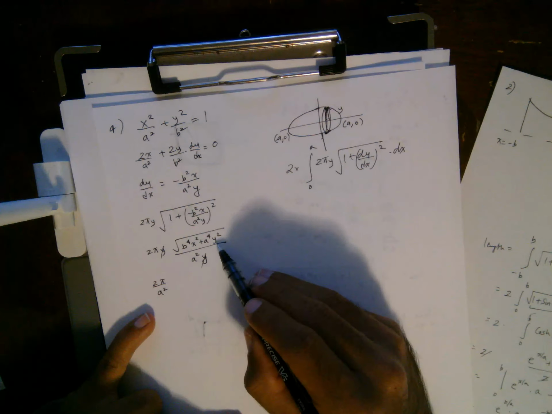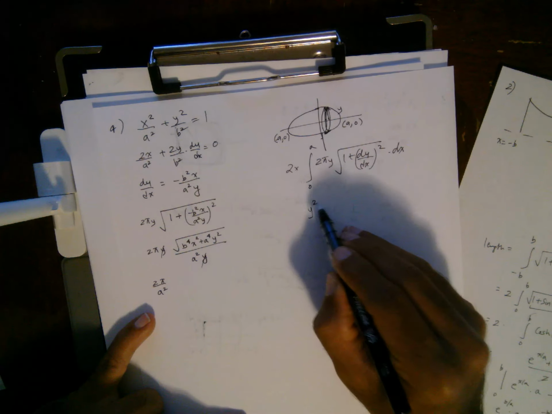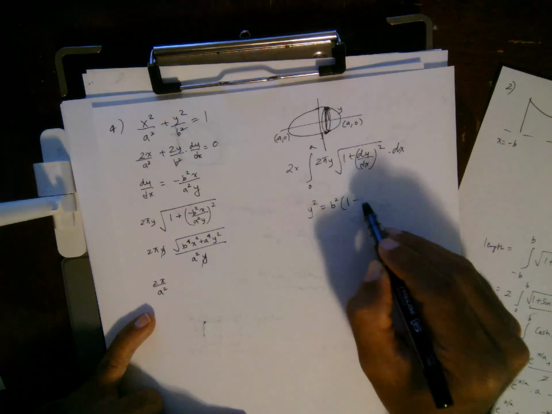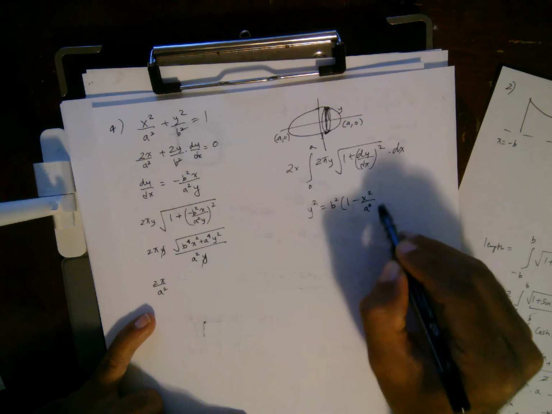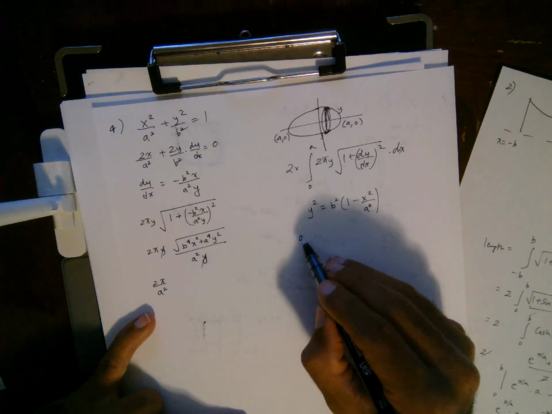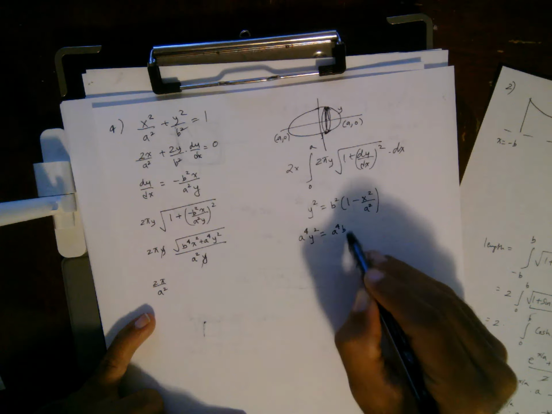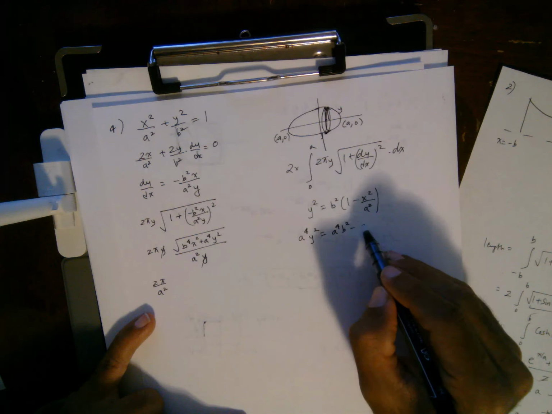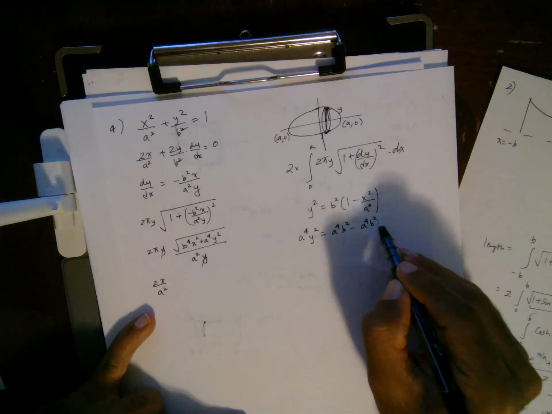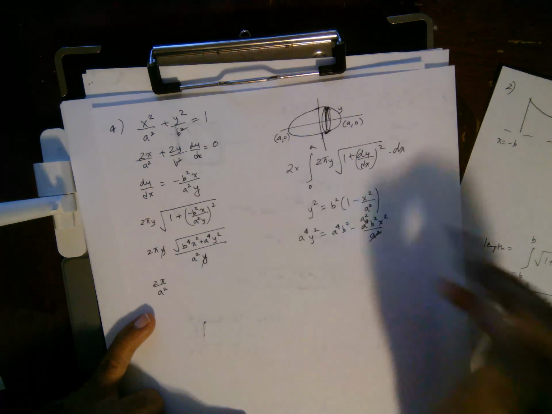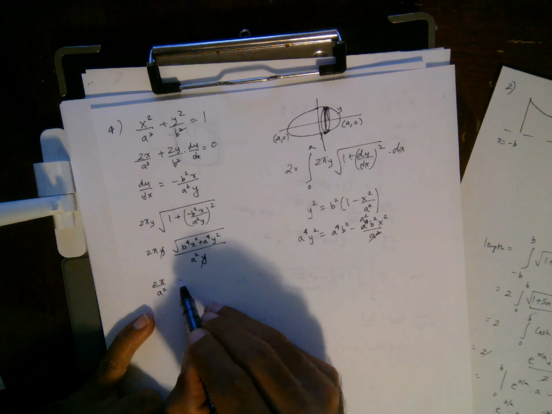Now we've got to change everything in terms of x. From the equation, y squared is b squared times 1 minus x squared over a squared, which means a to the 4 y squared is a to the 4 b squared minus a to the 4 b squared x squared over a squared, which simplifies a little bit.